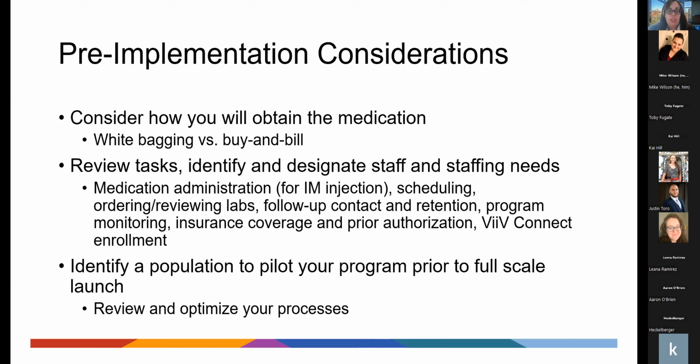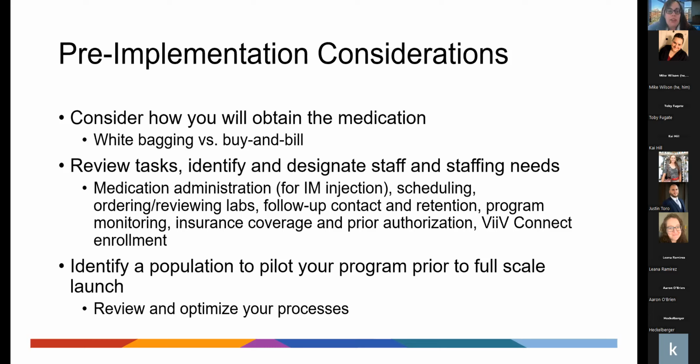There's scheduling, particularly with follow-ups and reminders and so forth that go along with that, ordering and reviewing labs, making sure labs are on time, following up contact and retention, program monitoring, insurance coverage and prior authorization, and working with ViiVConnect enrollment when that applies to your patient.